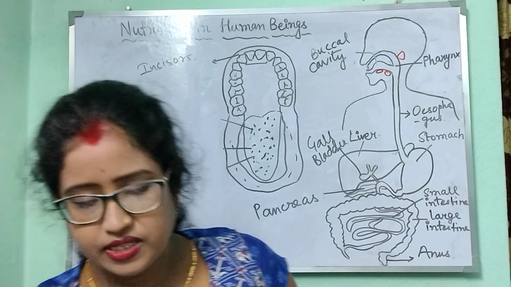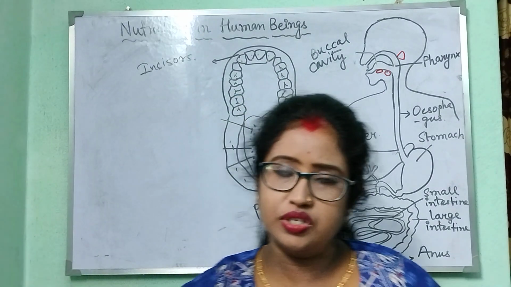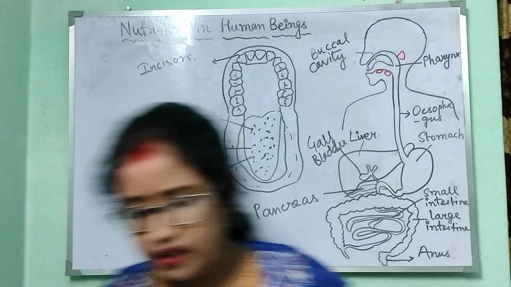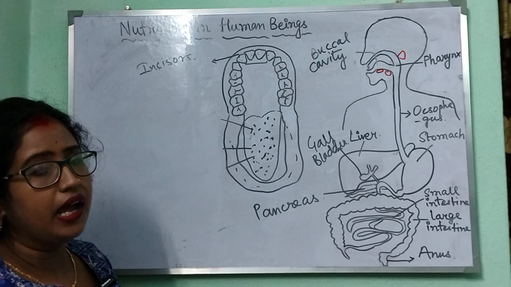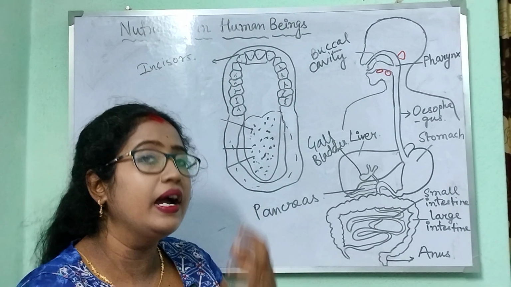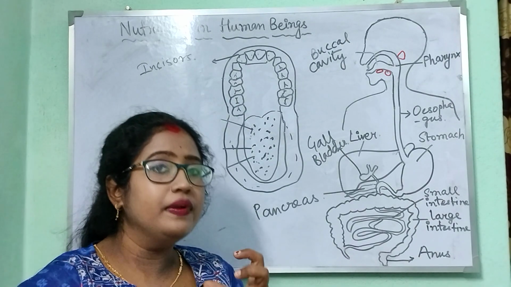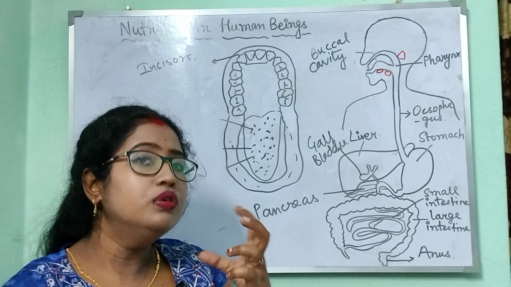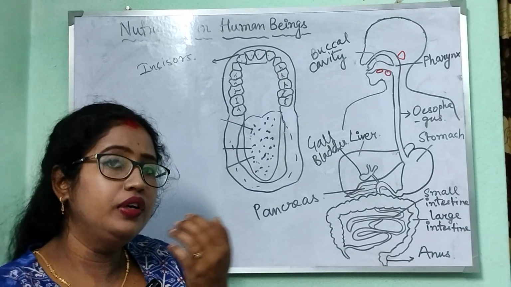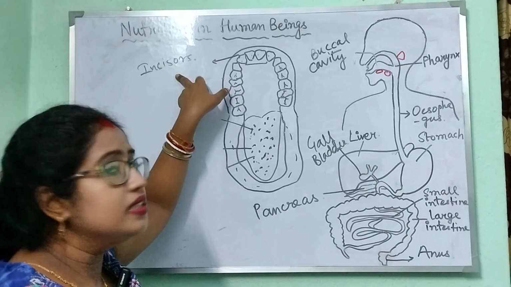The incisors are straight, flat structures of teeth, and they help in cutting or biting the food. Remember, when you eat an apple, firstly you cut or bite the apple with the front of your teeth. So these front teeth are known as incisors.